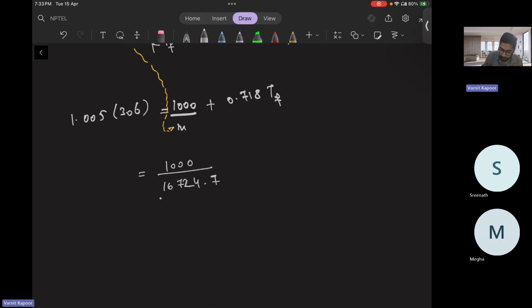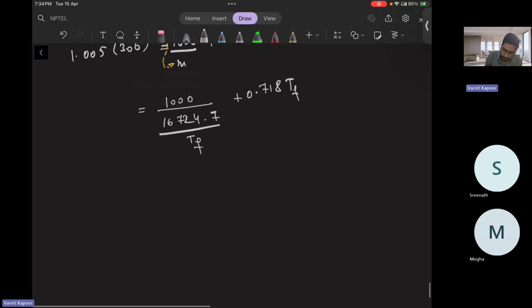16724.7 by TF plus 0.718 TF. So the right hand side comes out to be 0.78 TF near about, and the left hand side is 1.005 into 306.